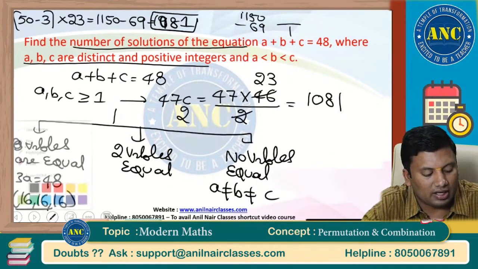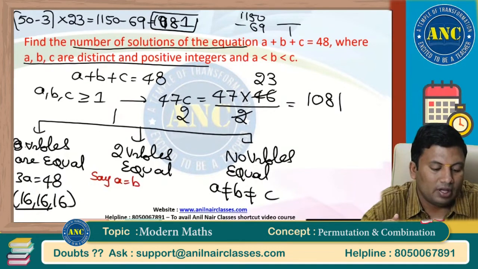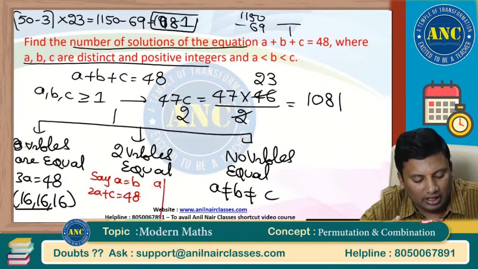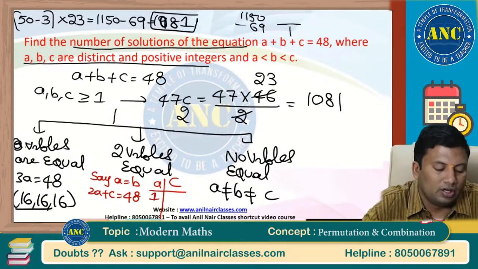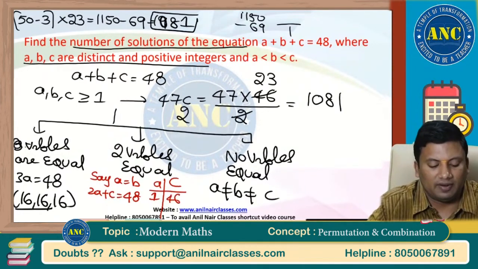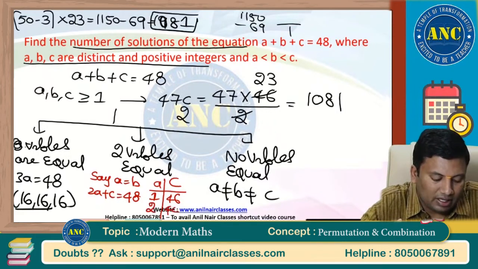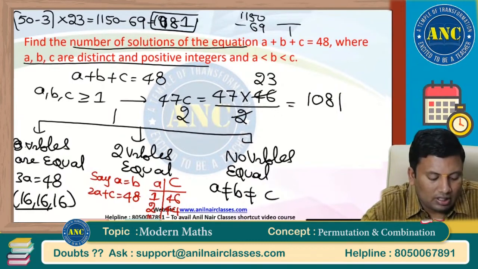2 variables equal: if I take a equivalent to b, it is nothing but 2a plus c equivalent to 48. A is positive, so if a value is 1, c value is 46. If a is 2, c will be 44, and so on, up to a is 16, c will be 16.